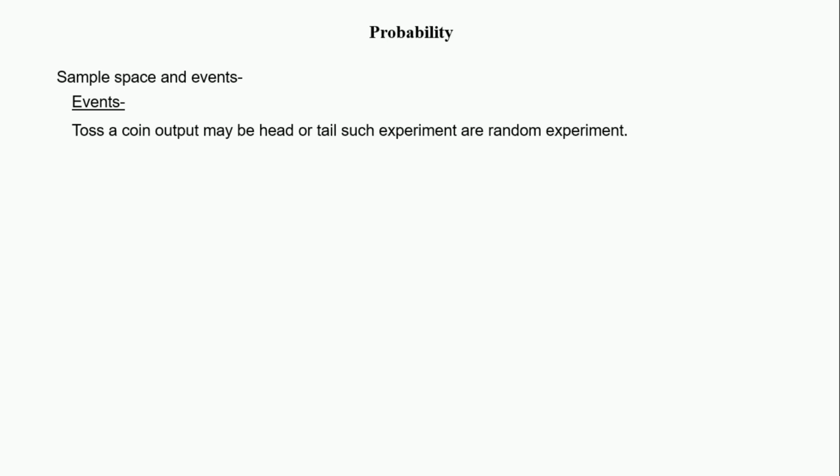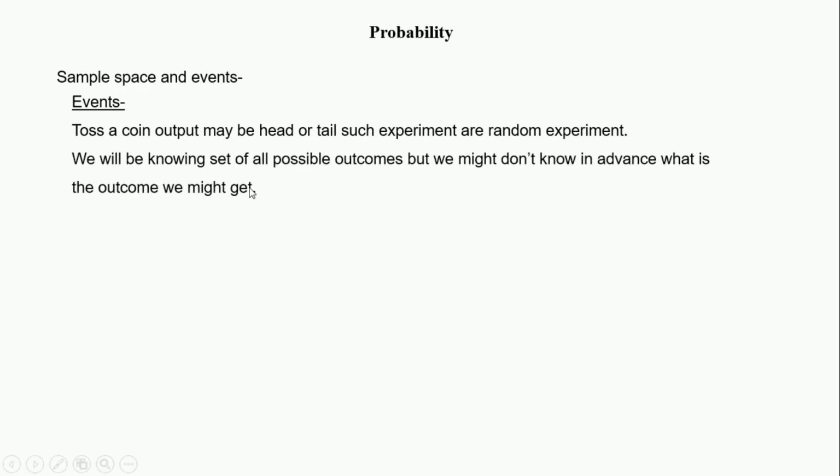But once we flip the coin, we don't know what is going to come. It can be head or tail, meaning we can't predict it. So we will know the set of all possible outcomes, but we might not know in advance what outcome we might get. Now coming to the sample space, the set of all possible outcomes is called the sample space.